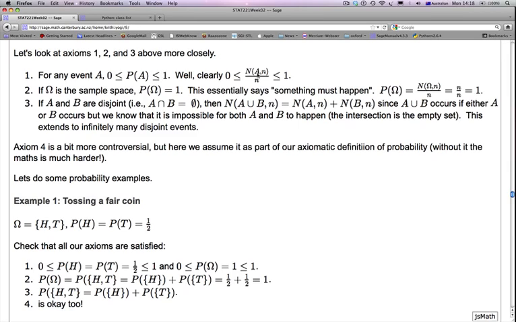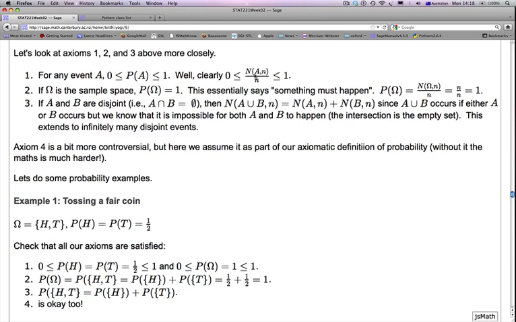Because if A happens every single time in the n trials, then the numerator here will be n, and n over n will be 1. That means A happens always. Or in the other extreme, if none of the times in the n trials A happened, then the numerator will be 0, and 0 over n is the number 0. And any other fraction here will be just a number between 0 and 1. That's all axiom 1 really ensures.